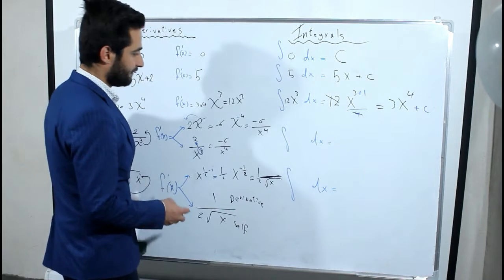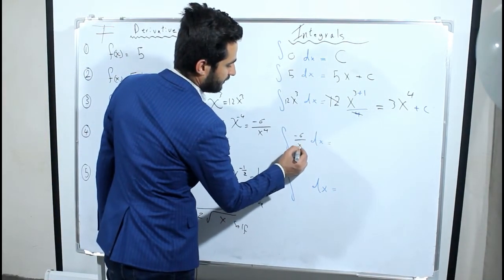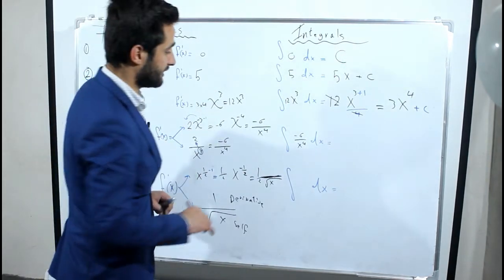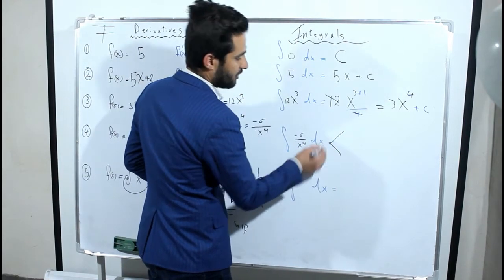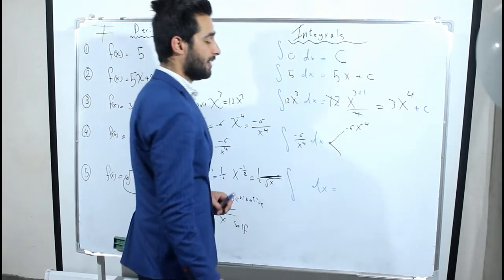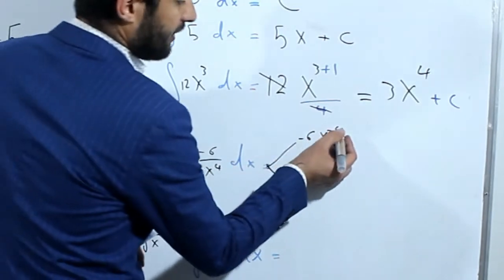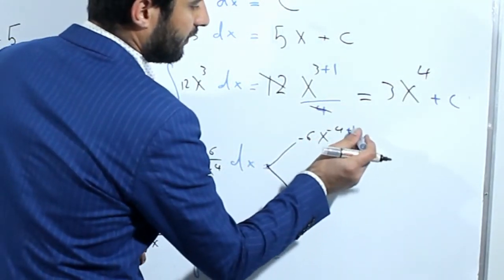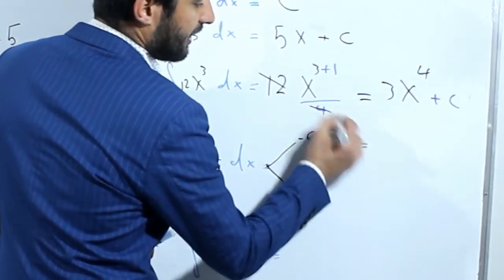Here we have -6 over x to the power of 4. Okay? Again, there are 2 ways. One of them is take the x to the power of 4 to the upward. It becomes x to the power of -4, and then add 1 to this -4, and then divide by the answer of this.